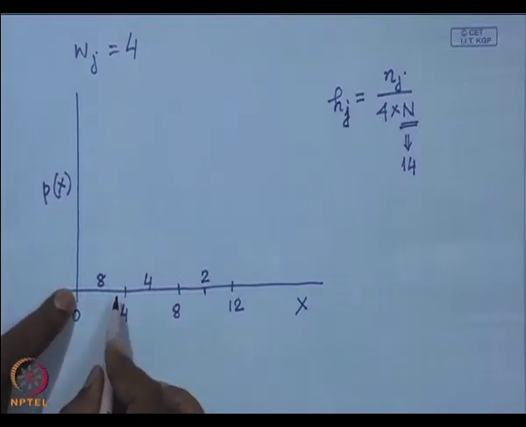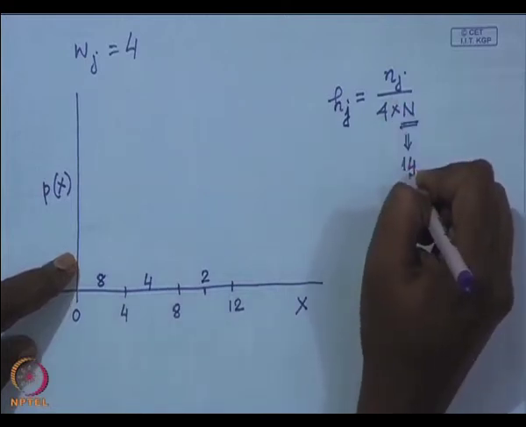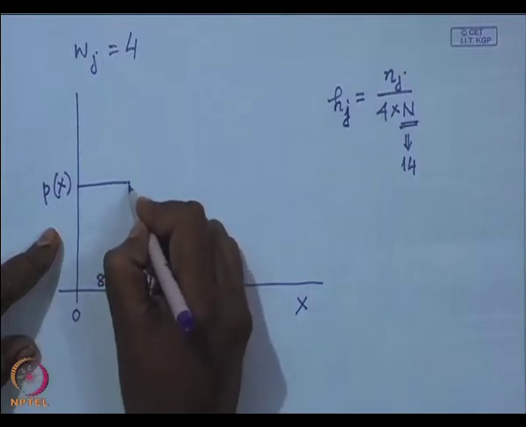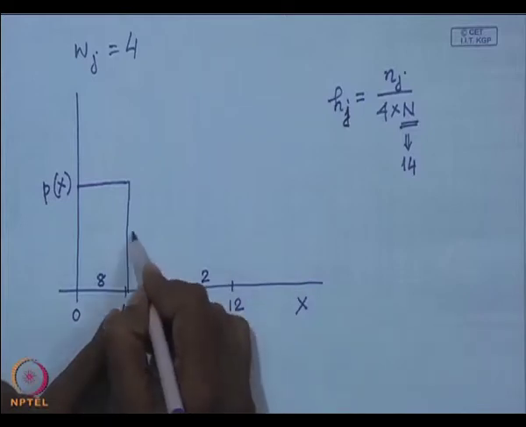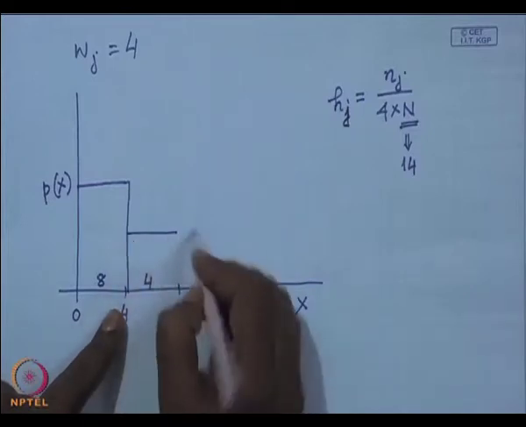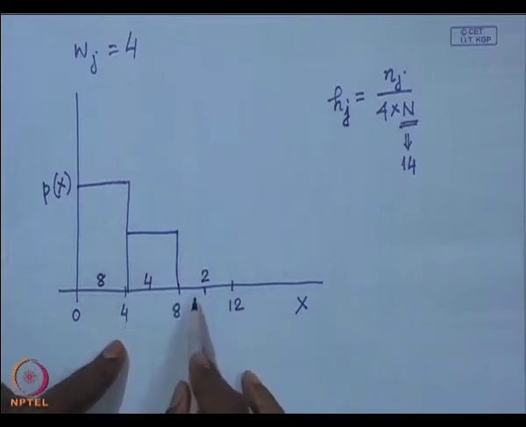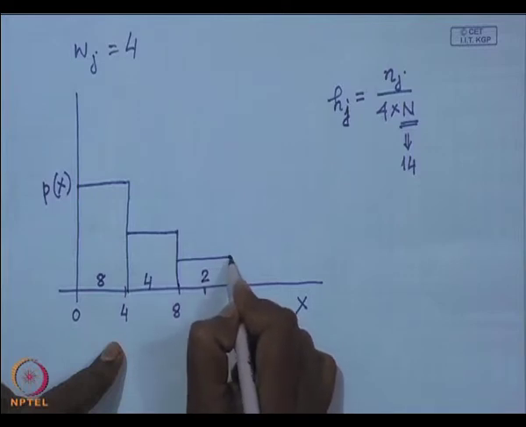So, for the first one, it will be 8 by 4 into 14. So, I will have something like this. For the next one, it will be 4 by 4 into 14. So, the probability density estimate will be something like this, and the next one will be 2 by 4 into 14. So, the probability density estimate will be something like this.